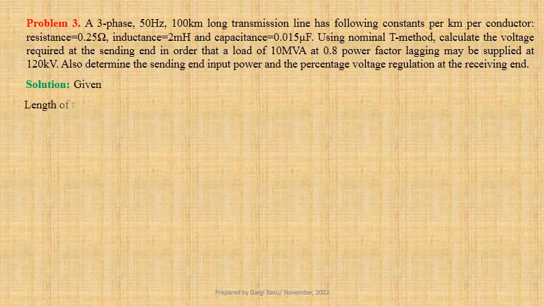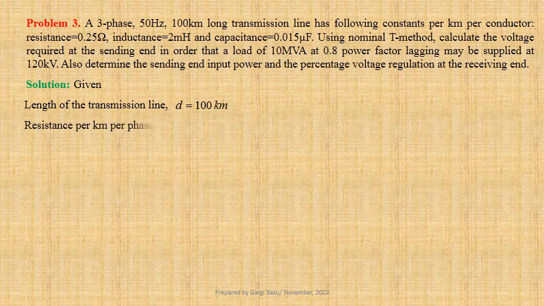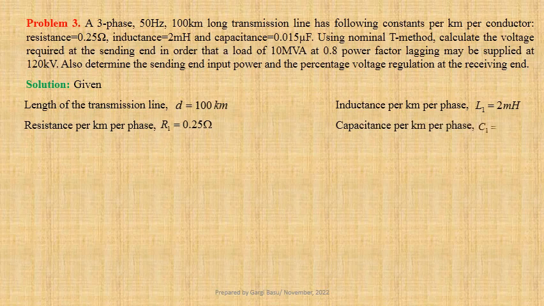Given length of the transmission line D equals to 100 kilometers. Resistance per kilometer per phase R1 equals to 0.25 ohm. Inductance per kilometer per phase L1 equals to 2 millihenry and capacitance per kilometer per phase C1 equals to 0.015 microfarad.